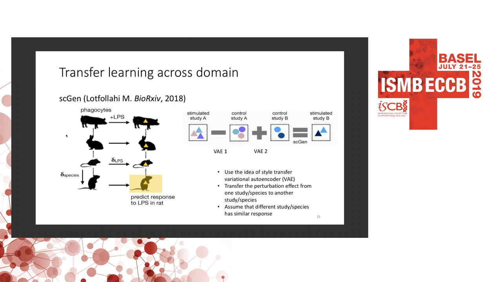Their idea is that they use the variational autoencoder. What the variational autoencoder can do is find a map. If you have two groups of cells, it can learn a map from one population of cells to another population of cells.